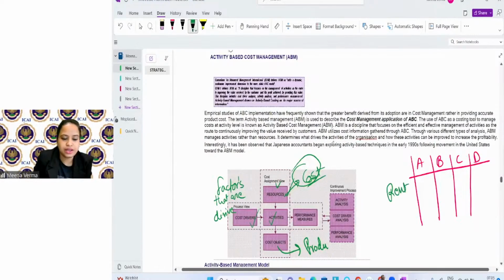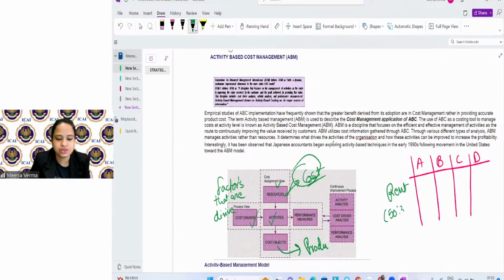And the area is in this ratio, 40 is to 30 is to 20 is to 10. So this is the ratio on which I will allocate the rent cost.